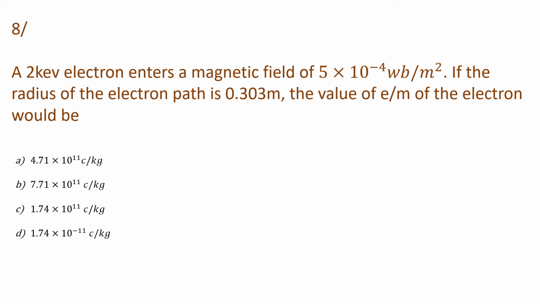If the radius of the electron path is 0.303 meter, the value of E by m of the electron would be, and the options are 4.71 into 10 to the power 11 C by kg, 7.71 into 10 to the power 11 C by kg, 1.74 into 10 to the power 11 C by kg, or 1.74 into 10 to the power minus 11 C by kg.